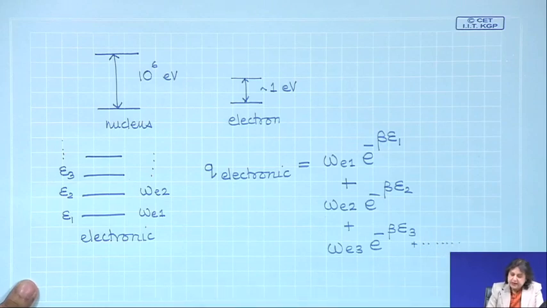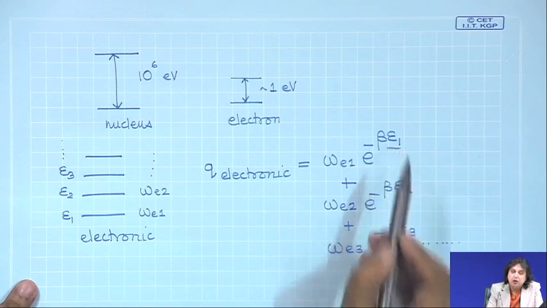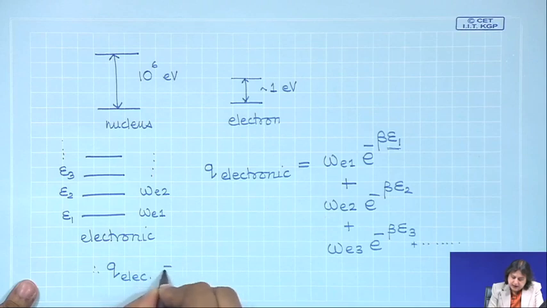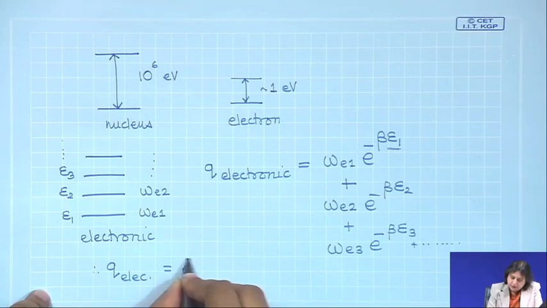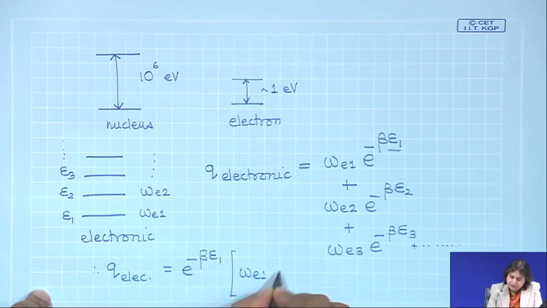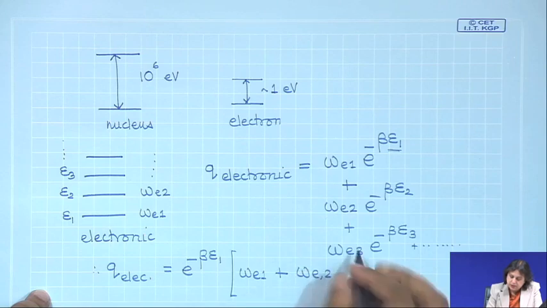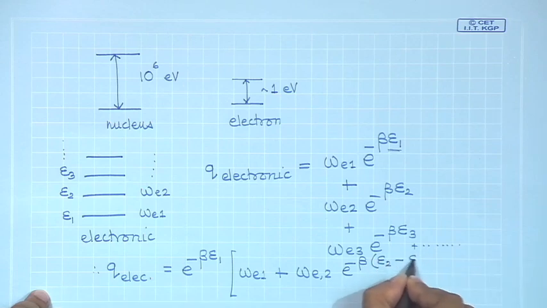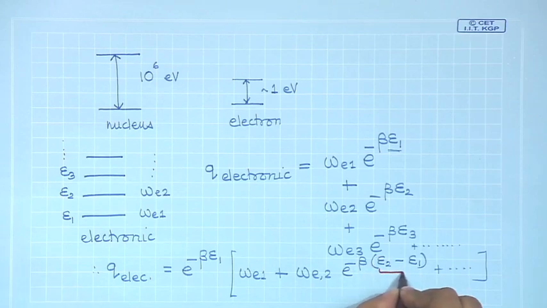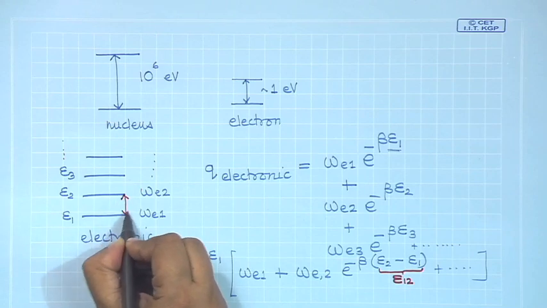Now, what I do is I take this epsilon 1 out. Then my q electronic will be written as e to the power of minus beta epsilon 1, then omega E1 plus omega E2 into e to the power of minus beta (epsilon 2 minus epsilon 1), plus the other terms. Now, let me indicate this term by delta epsilon 1 2, that is this energy difference.